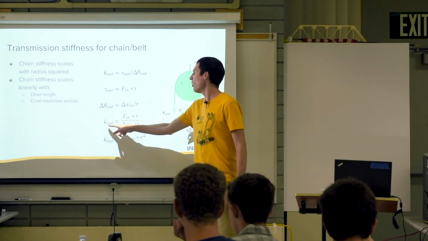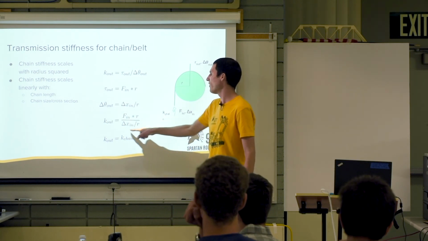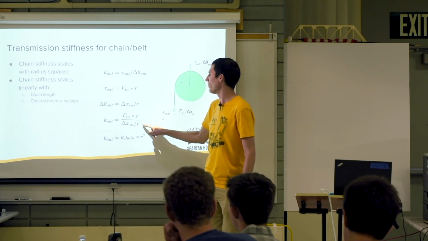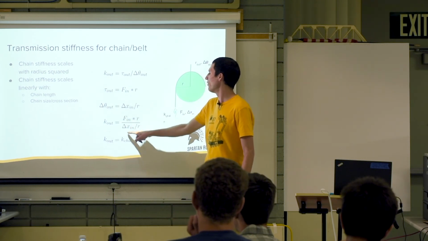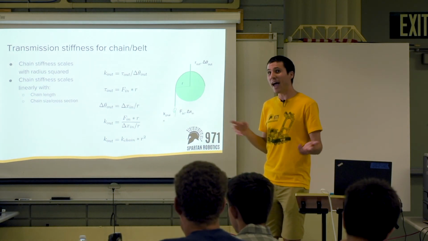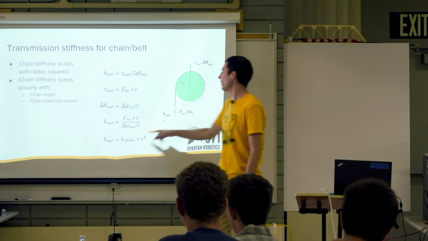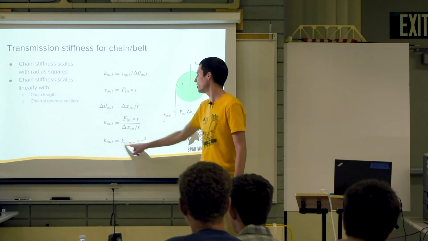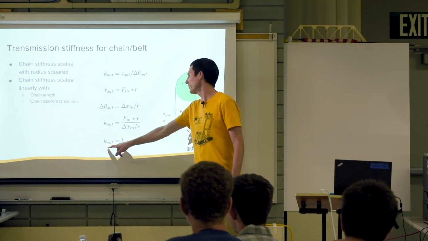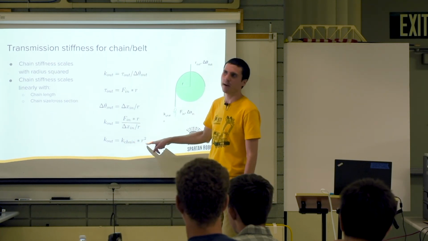The output stiffness is the ratio of your input force times your radius divided by the displacement over your radius. And this number here, F over delta X, is the definition of the stiffness of our chain spring. So we can simplify and replace it with the stiffness of the chain, and we get the output stiffness is equal to the stiffness of your chain times the radius squared.